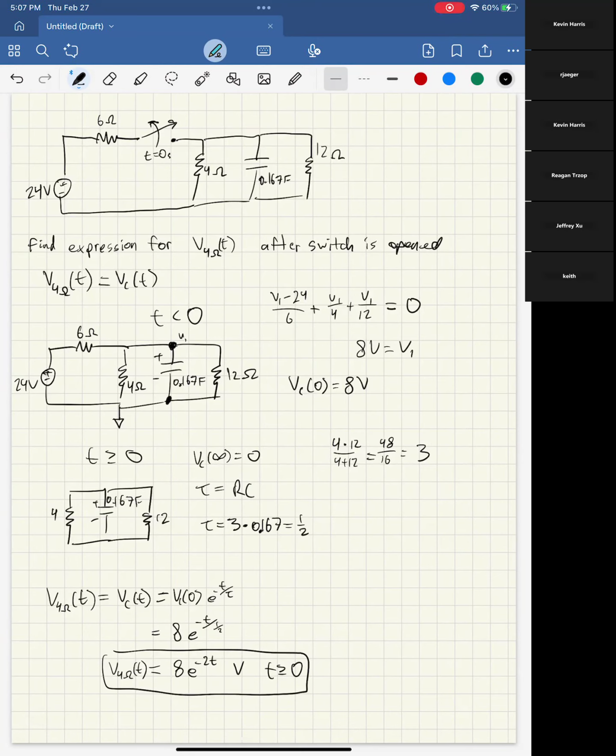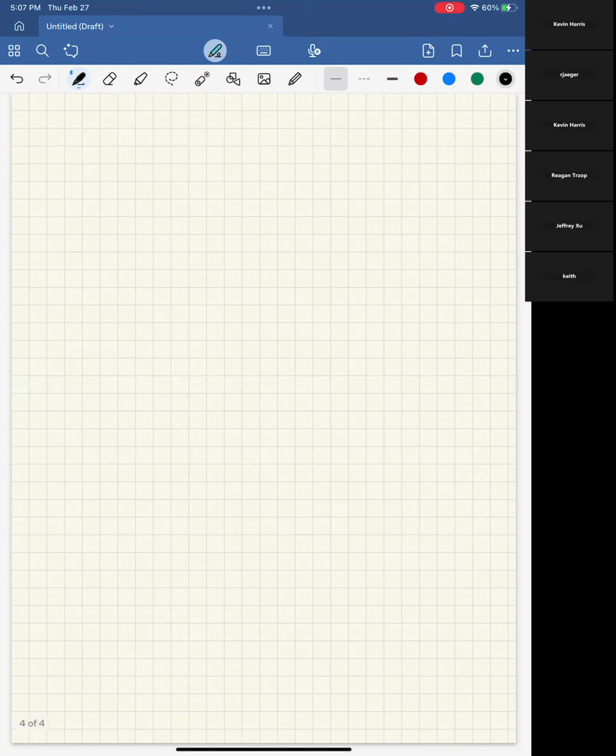Okay, this one is a good question too. I will do this now. So we got another 24-volt source. I don't know why they're both 24, but they are.